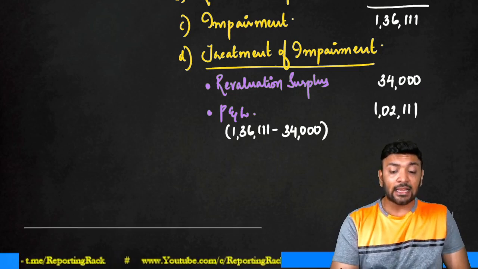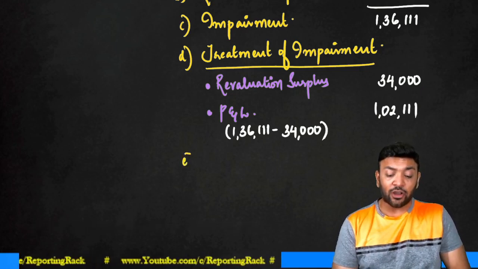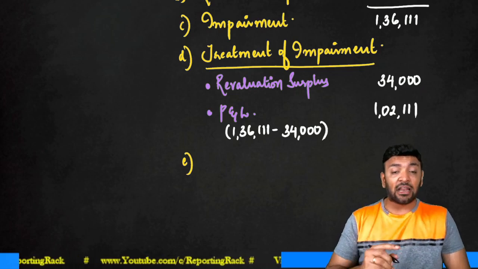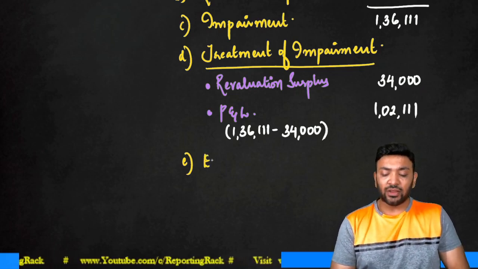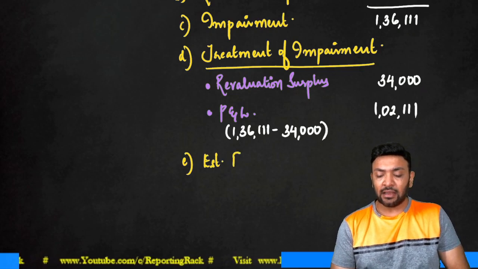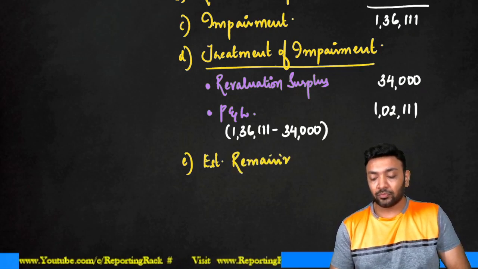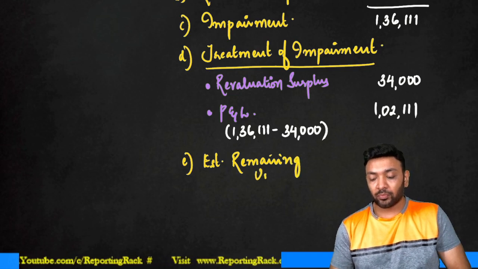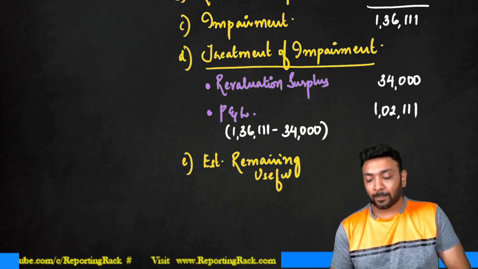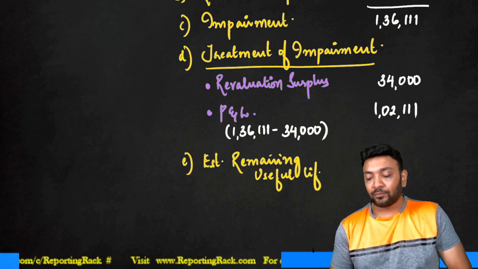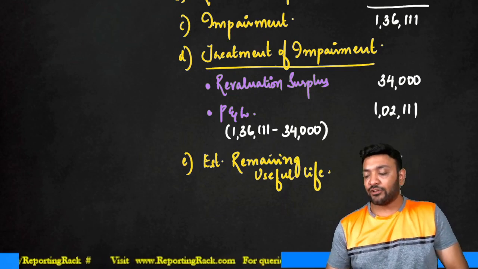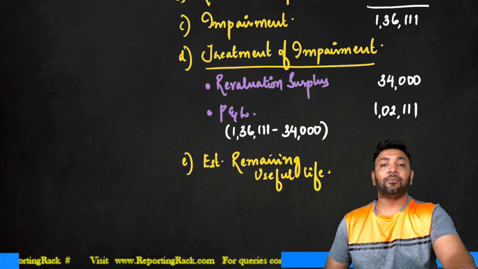On this day, there is a change in the depreciation because of a change in the carrying value. Also, there is a change in the estimated remaining useful life. The estimated remaining useful life of the asset is 10.